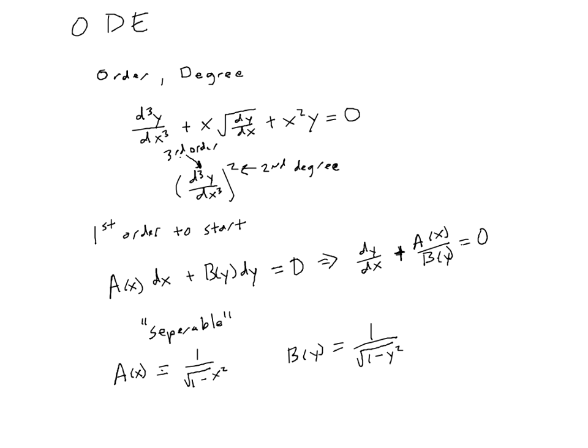And so what happens here is that you have essentially dx over square root of 1 minus x squared plus dy over square root of 1 minus y squared equals 0.